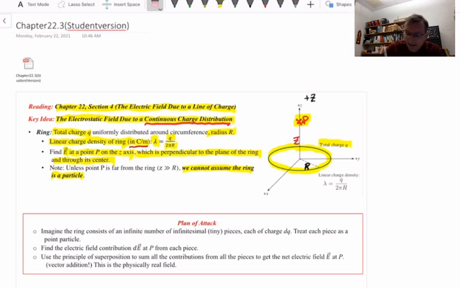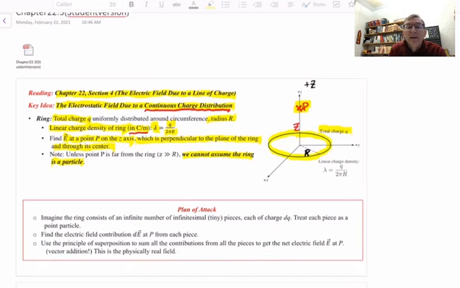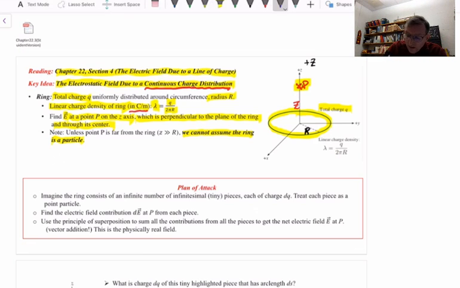Let me tell you the plan of attack. How are we going to do this calculation, for getting the electric field at that point P, distance z from the center of the ring, when we can't treat the ring itself as a particle? Here is the series of steps or ideas. First, imagine that the ring consists of an infinite number of infinitesimal, which is code for tiny, pieces.